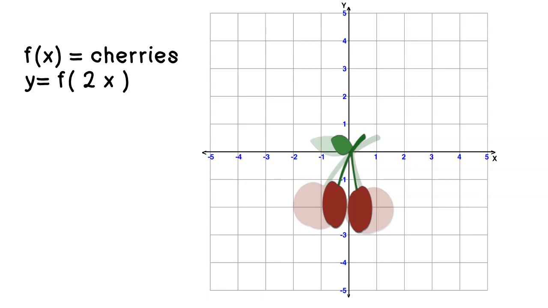Now let's combine these. We're going to multiply the inside before the function by 2 and subtract 4. Now, because it's inside, we're doing everything backwards, including order of operations. And so -4 is going to shift it to the right 4 and then multiplying it by 2 will squish it down to 1/2 the width.